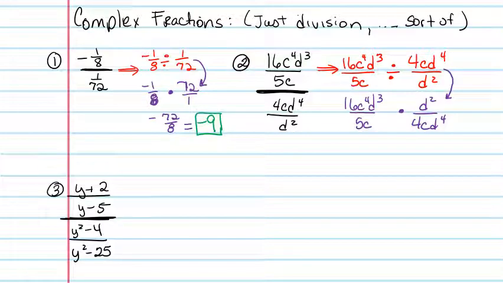All right, now this one's a little more complicated. I'm going to factor all these out or write them out in their factored form so that I can see what I'm dealing with. That's the first fraction. And then the second one has 2 d's.